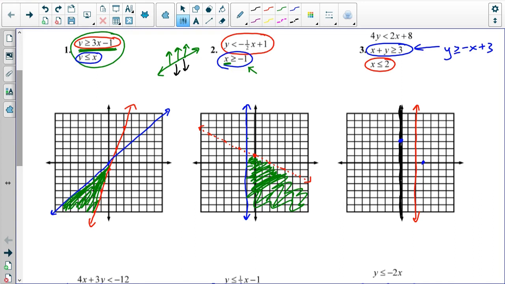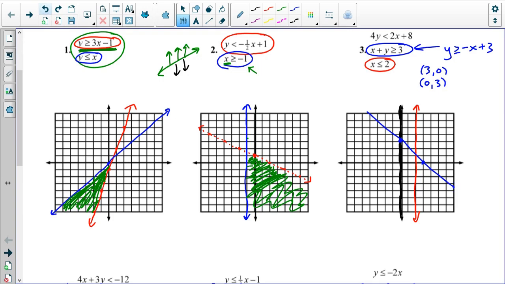So if I cover up x, substitute in 0 for x, I realize that y equals 3 would be the y-intercept. And likewise, if I cover up y, I realize that x equals 3 is the x-intercept. So (3, 0) and (0, 3) have to be on the graph of the blue line. And so my graph looks like that.